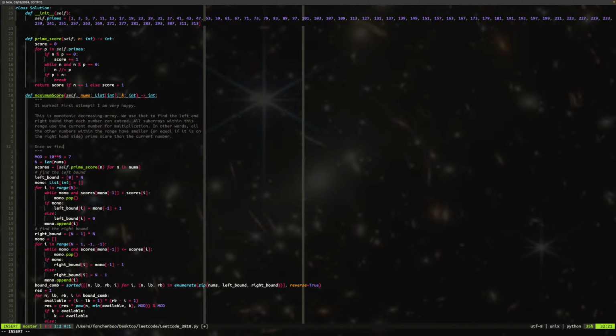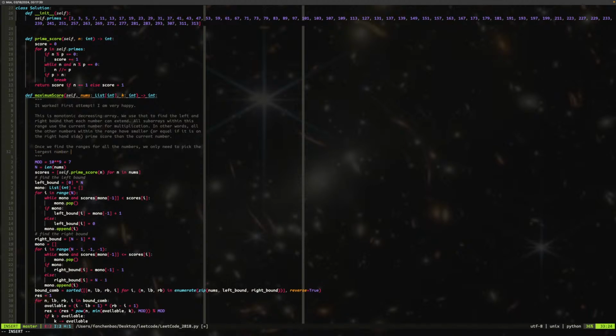Once we find the ranges for all the numbers, we only need to pick the largest number and exhaust all its possible subarrays, right?